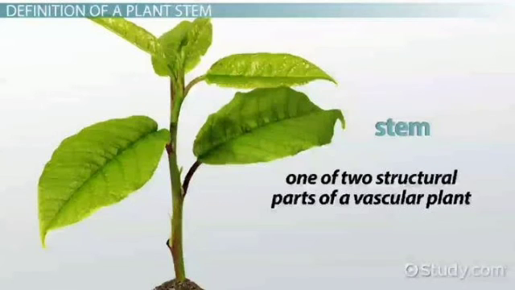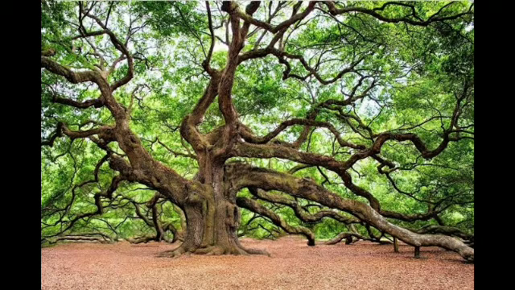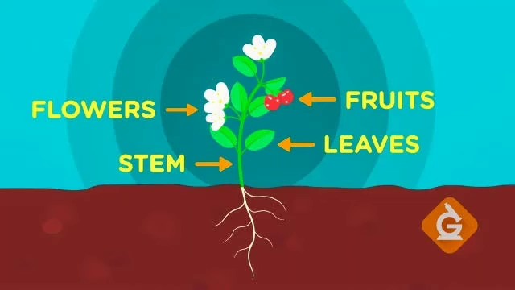The young plant's stem will look green, but when it becomes older, it will turn brown. Branches, leaves, buds, flowers and fruits all grow from the stem only. Is there any doubt up to this, children?